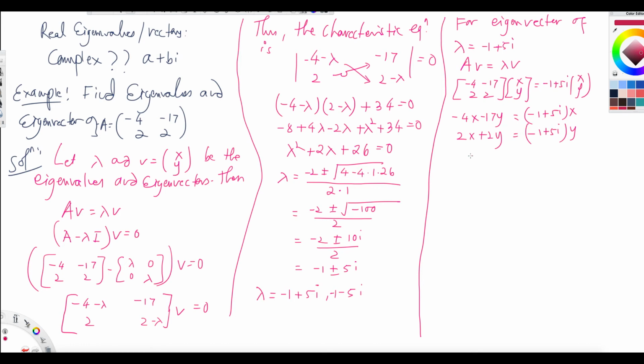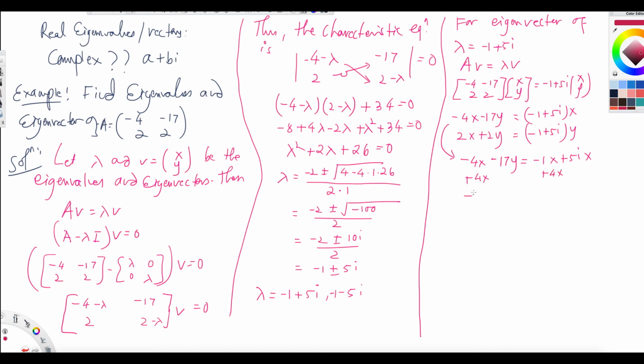So how do I do that? From the first one you get -4x minus 17y equals -1x plus 5ix. You see that? I'm just distributing that x to both of these. And then let's add 4x on both sides. What do you get?